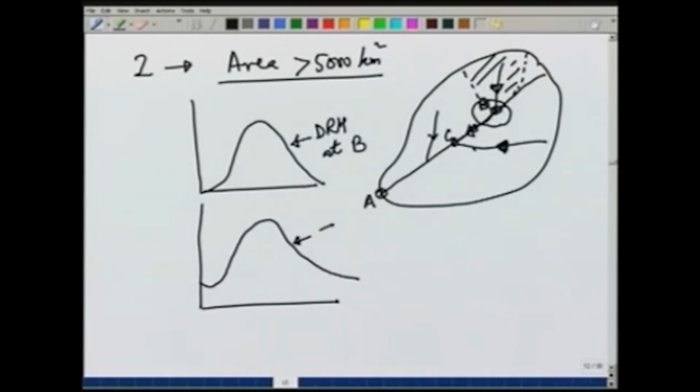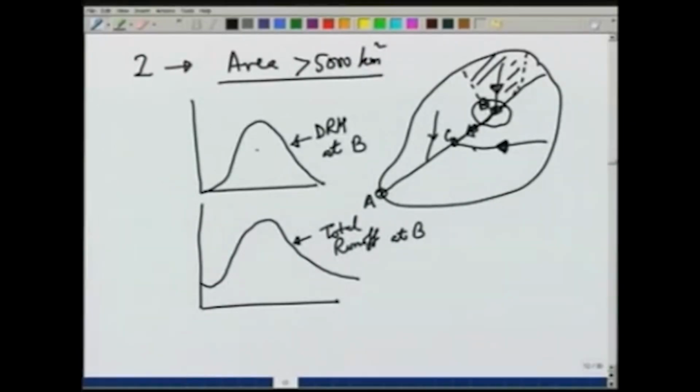To get the total runoff. So, these two steps can be done using the unit hydrograph theory, because at B the catchment area is small enough for us to apply the unit hydrograph theory. So, this DRH can be obtained knowing the intensity of a storm in this area B, and then total runoff can be computed at B.